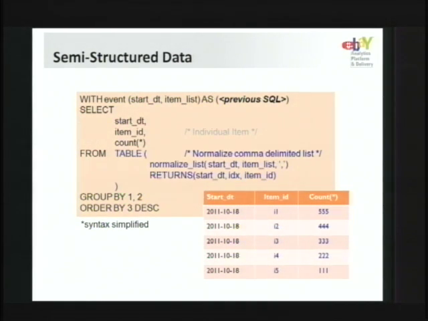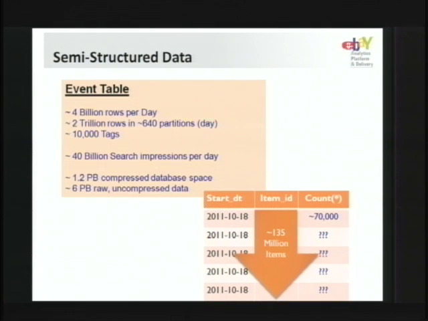So now, if I have to do this, we have about 4 billion records per day of this application log in the event table. It's about 2 trillion rows next week in about 640-day partitions. And the variable part is about 10,000 different tags we are using. Our site gives out about 40 billion search impressions every day.